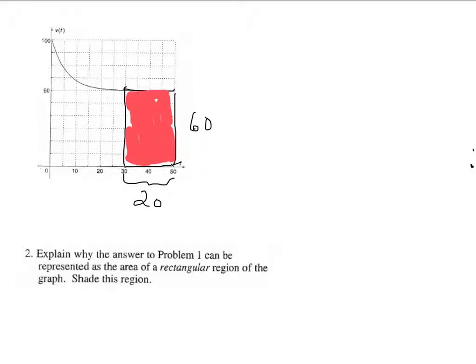But one of the interesting parts before we move on here is our units. We were actually getting an area of a rectangle but ending up with 1,200 feet. How did that happen? Well, if we take a look at our multiplication, what we did was we multiplied 60 feet per second, and that's really 60 over 1 feet per second times 20 seconds.